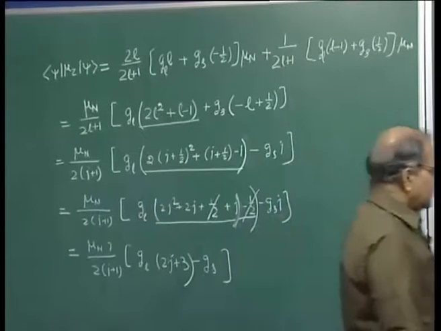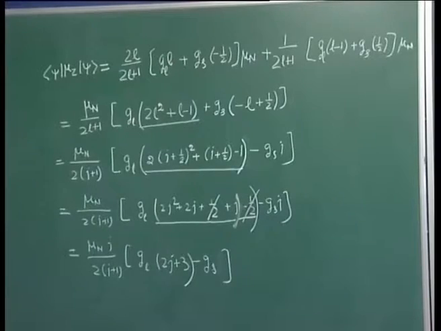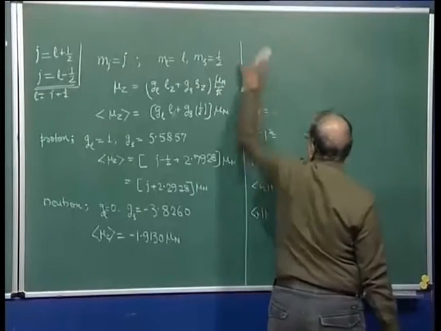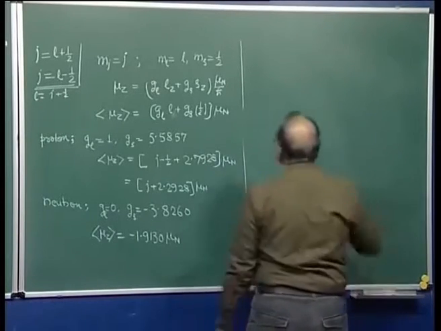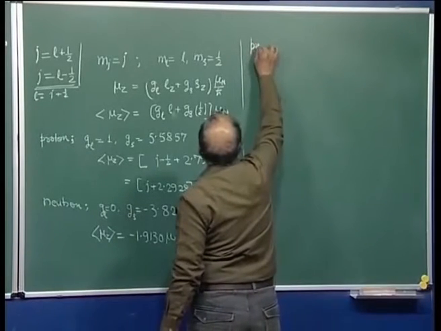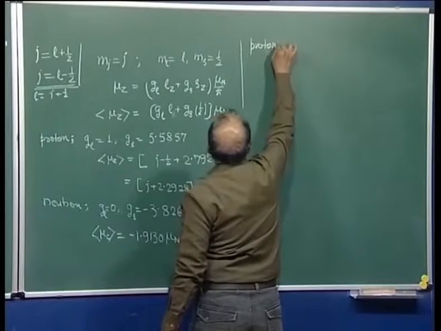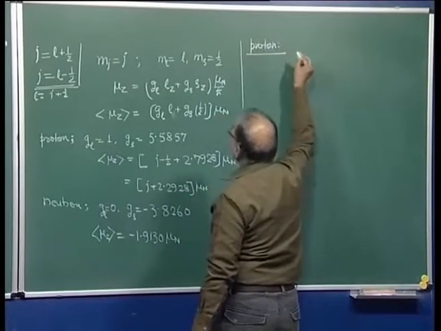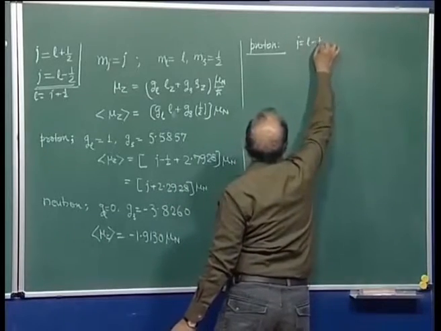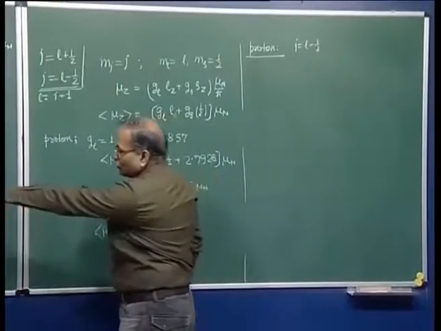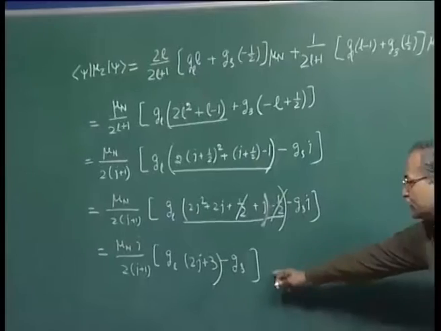So, I am erasing this portion and see what happens for a proton if the last nucleon is a proton. If that last nucleon is a proton and you are dealing with this case, J is equal to L minus half. So, proton, right.